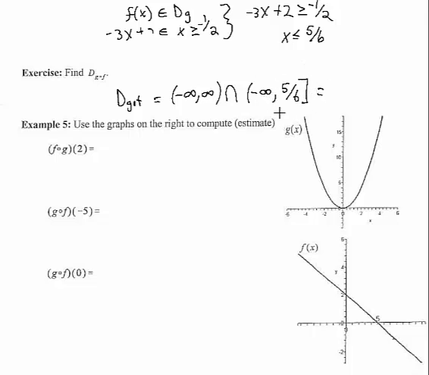This is the only restrictive interval. Okay, for domain of f, it can be any real number, and so in the end, we just end up for the intersection with this second part, negative infinity to 5/6. This is the domain that we were actually looking for, and we can confirm that with a TI calculator.